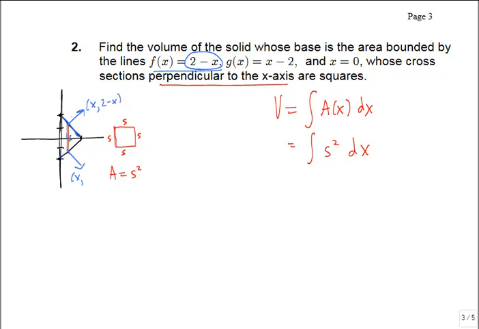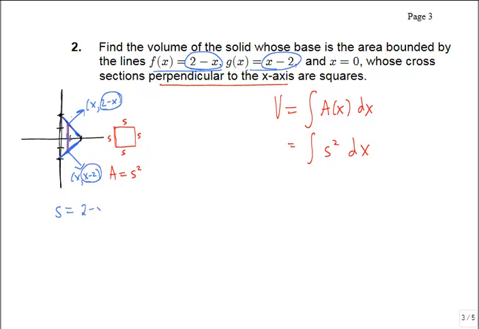The bottom point is on the lower line, which was our g, and its y value was given by this formula. So its y is x minus 2. So this distance between these 2 points is what we're calling our s, and that's just going to be this top y value minus this bottom y value.